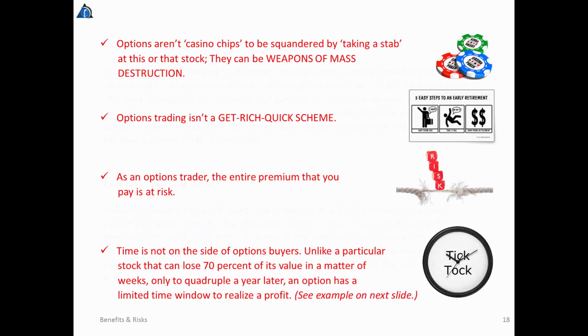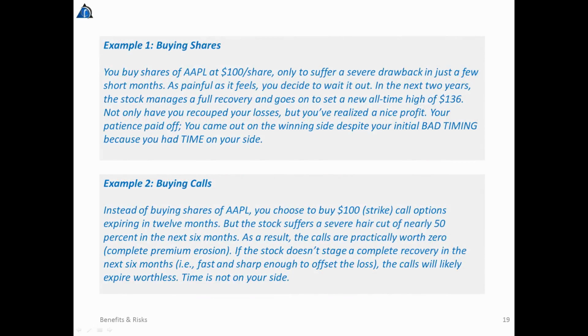So allow me to stay on this topic a little while longer because I'm about to show you graphically how the option premium, the price of your option, is adversely impacted by deterioration in the price of the stock and by the passage of time.